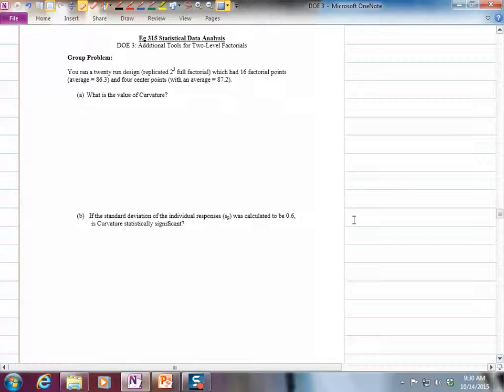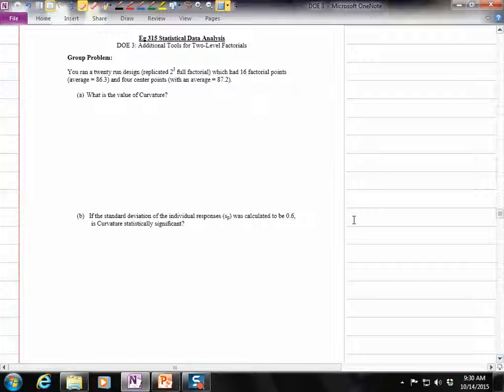Again, it's a good practice to write down how many NF, how many factorial points you have run, before you jump too far into any sort of calculation.